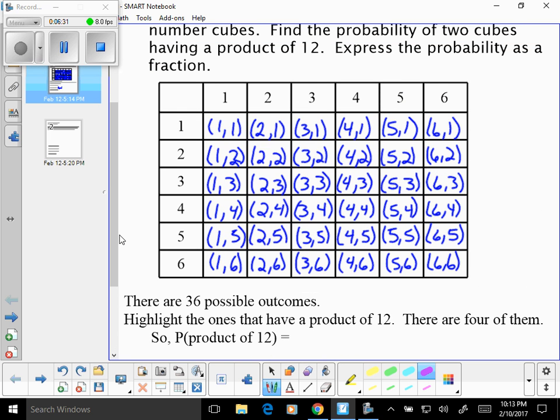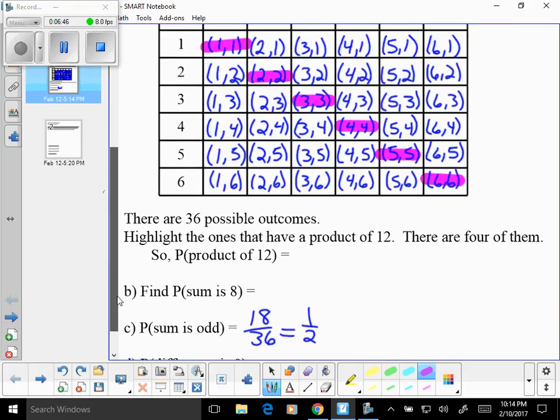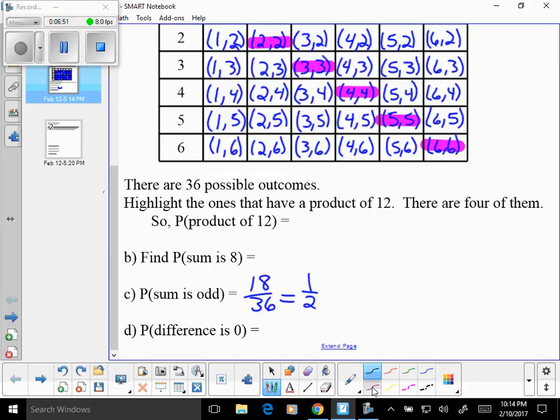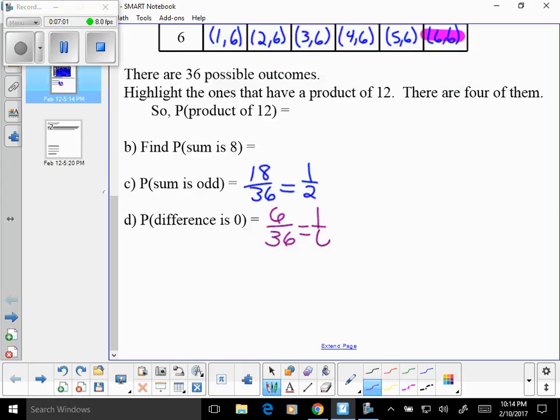If I subtract them, I am going to get a 0. 1 minus 1 is 0. 2 minus 2, 3 minus 3, 4 minus 4, 5 minus 5, and 6 minus 6 are going to give me zeros. That comes to 6 out of 36, which equals 1/6.